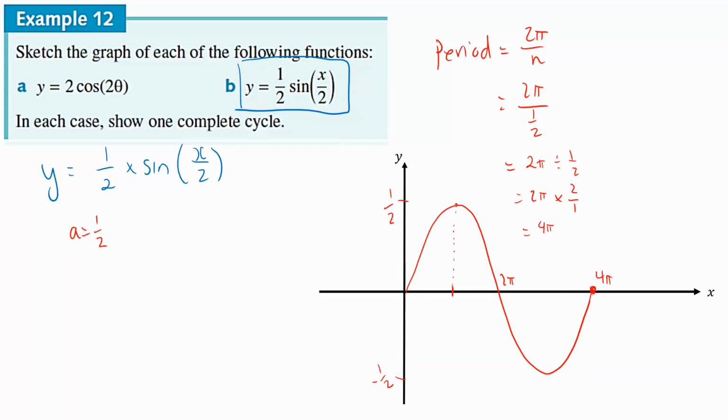To get to this maximum point, what's the middle of 0 and 2 pi? Pi. So at pi, I would have the maximum value. We would write here pi, and then this middle here would have to be 3 pi. And what I've just done is sketch 14G, one complete cycle of this graph here.